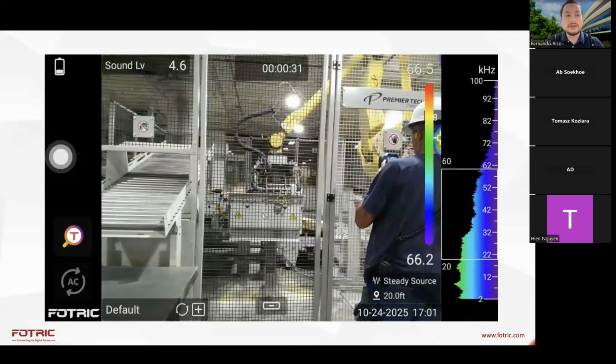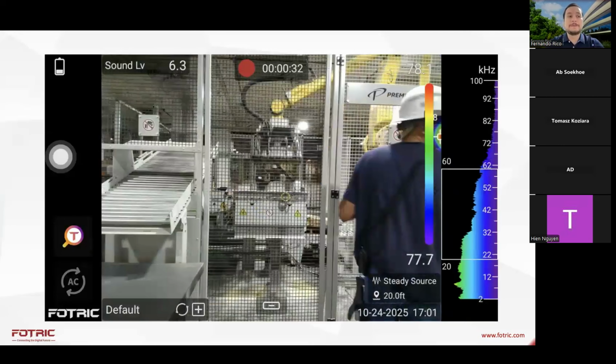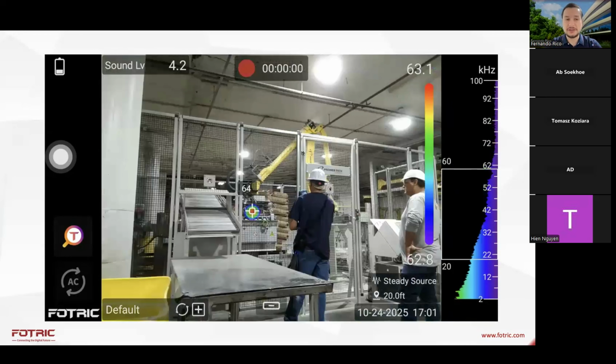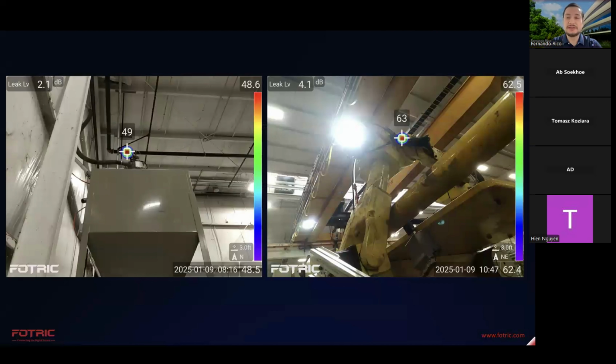something that would be completely unachievable using a listening gun style acoustic device. The same goes with, as I mentioned earlier, overhead pipelines and robotic arms. Something that by having an acoustic camera is a job that is done much easier, much faster.